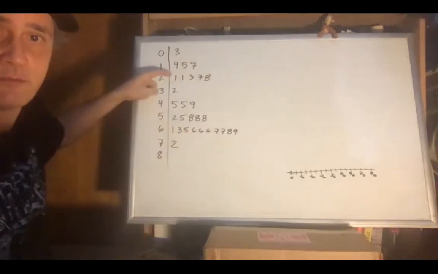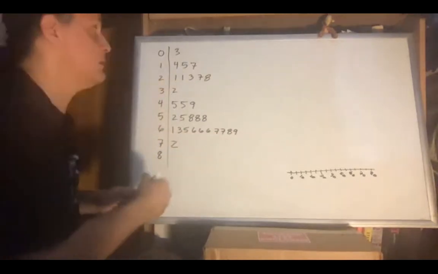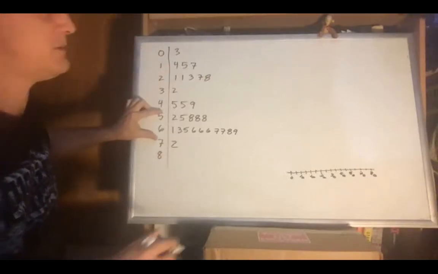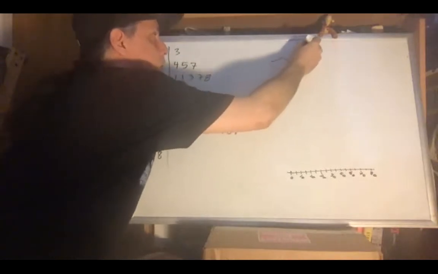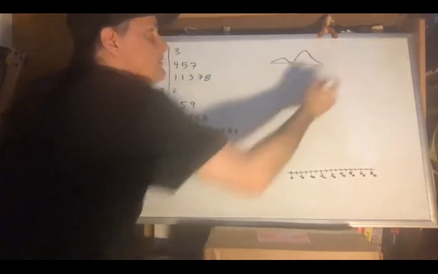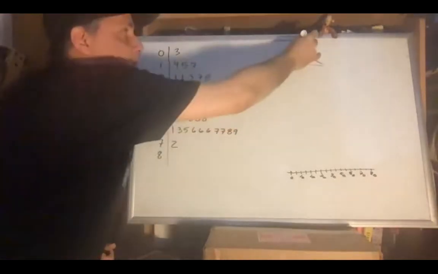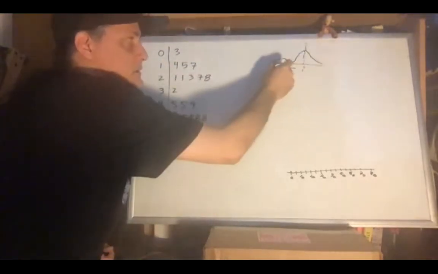So notice 10 is 2 times 5, right? We got a lower end with a height of 5 and an upper end with a height of 10. So we got something like that. Again, here's the mode. So you can see this is still skewed left.